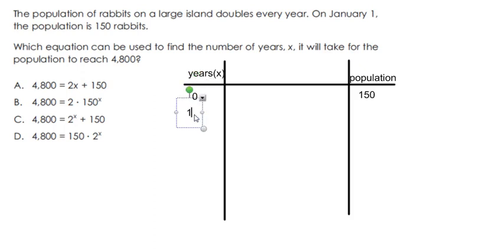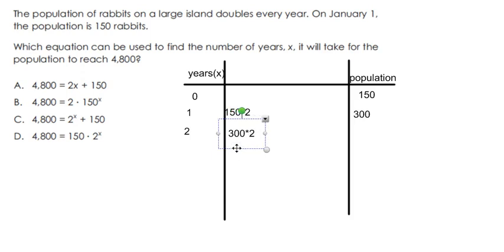After the first year, we know the population doubles. So that's 150 times 2, which gives us 300. And in the second year is 300 times 2, right?